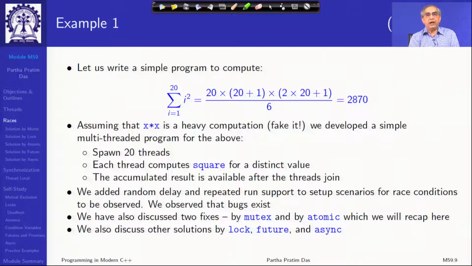the thread bugs are kind of indeterminate ones. They may show up in one run and they may not show up in 100 other runs. So, to get to a bug which is particularly arising from the synchronization, we will typically need to run the program several times, and therefore, we also created a setup where we could keep on repeating the runs of the program and check whether we get the correct result.